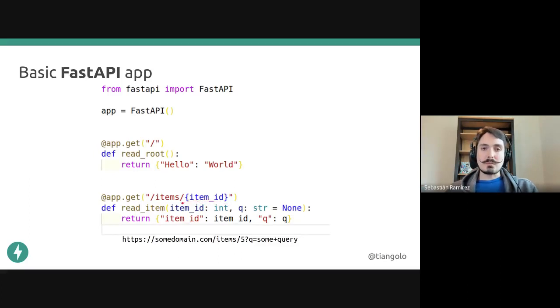So this item ID is going to be a parameter, and this is going to be dynamic. And now we declare in the function how we want to receive it, and we want to receive it in this parameter item ID, and we are telling FastAPI that this item ID should be an integer. Again, this is the standard way to declare that this variable is of type integer. This is a standard in Python.